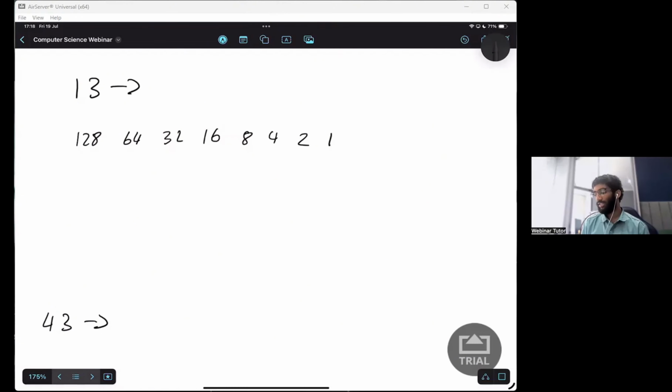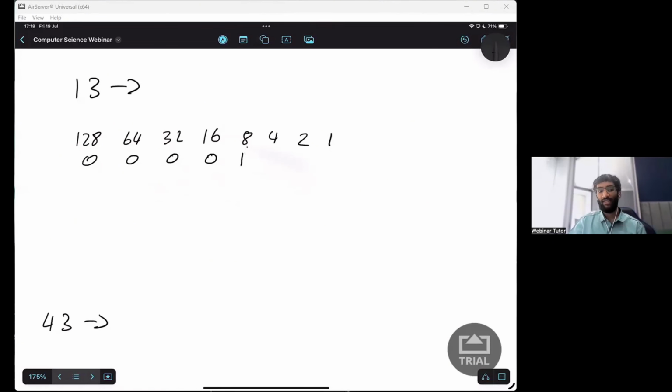Now all we have to do is see which of these goes into 13. Well, clearly 128, 64, 32, and 16 are all too big. None of those goes into 13. So we can just assign all of those a value of 0, since they don't contribute in any way. But since 8 goes into 13 exactly once, we write 1 underneath the 8.